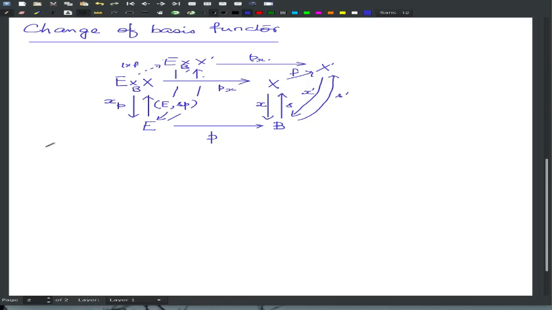So we have this functor P star. If we look into points over B of A to points over E of A. Okay?